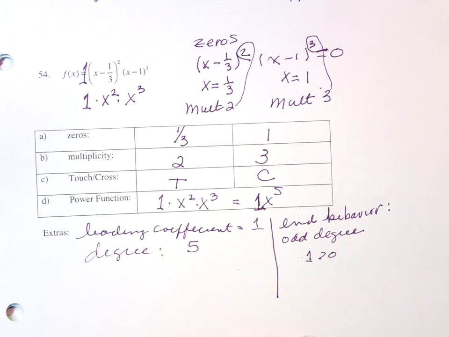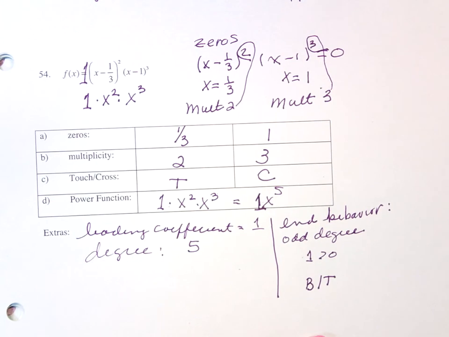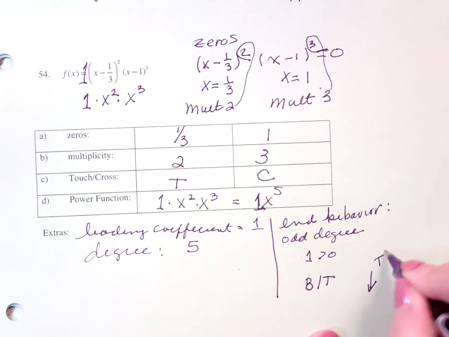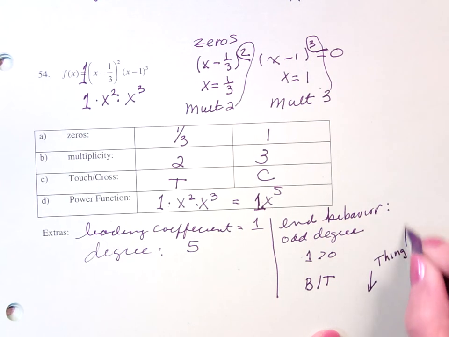Not top bottom. Bottom bottom? That's the opposite. It's got to be bottom top. Alphabetical order. When there's a minus there, it's going to reverse the order. So think about it, it's going to be alphabetical order if you're looking at a positive leading coefficient. So that means it's bottom top. That means it comes up from the bottom, does its thing, and goes out through the top.